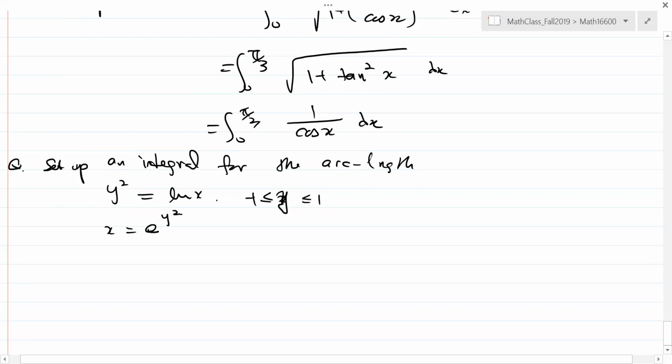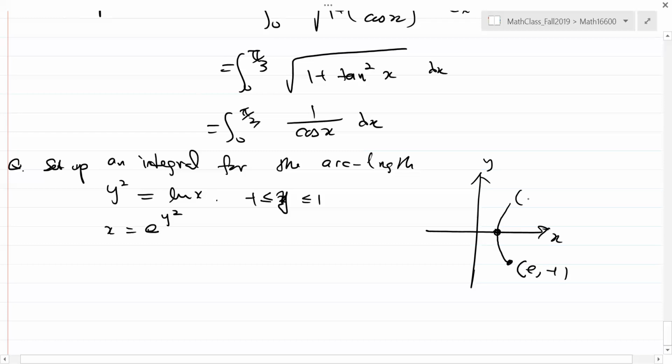So the graph looks like that. It's symmetric about the x-axis. This is a point when x is e and y is negative 1.